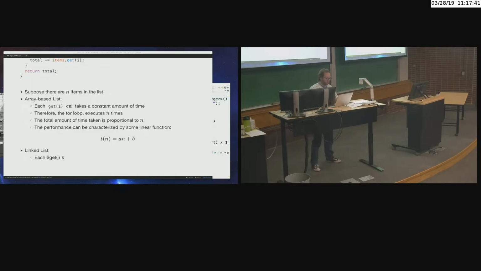However, with a linked list implementation, in contrast, each get sub i takes a linear amount of time or resources or operations, right? The loop, again, executes n times. Therefore, that's where we're getting that n squared.